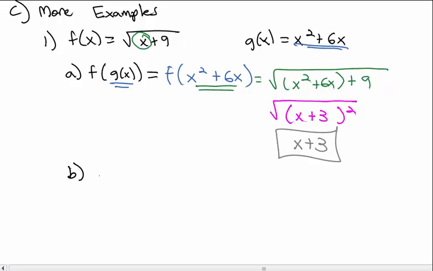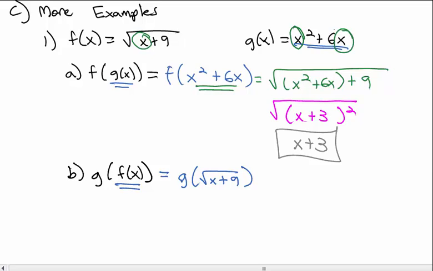Let's try and compose them the other way. Let's compose g of f of x. And this time the inside function is f. So inside g, we're going to see that f, the square root of x plus 9. So we're going to take that square root of x plus 9 and replace the x's with it in g.